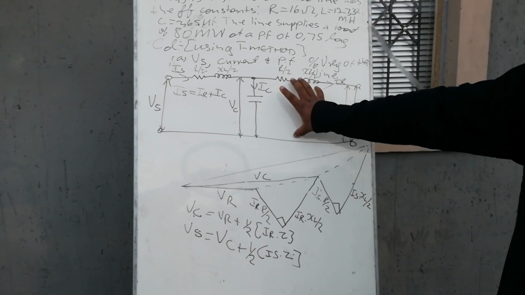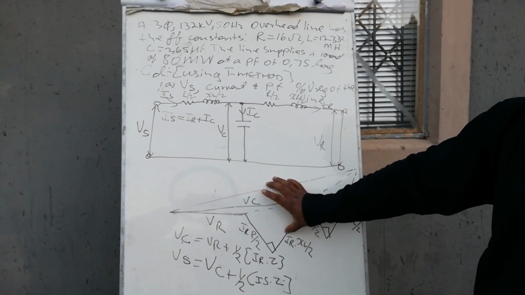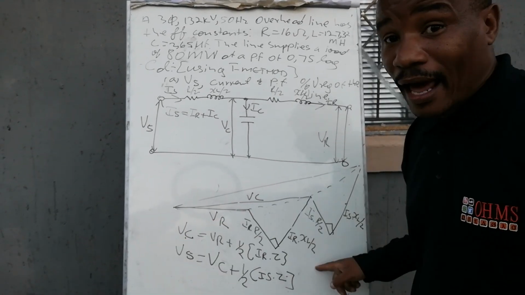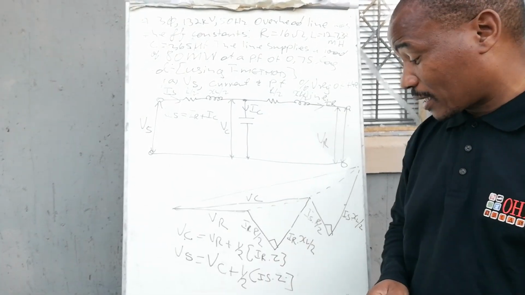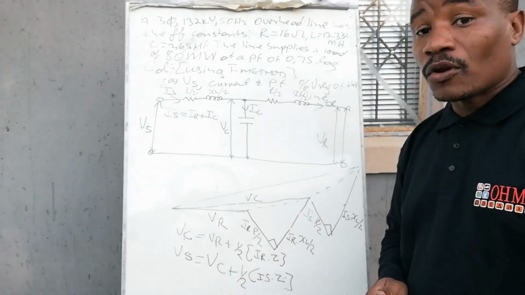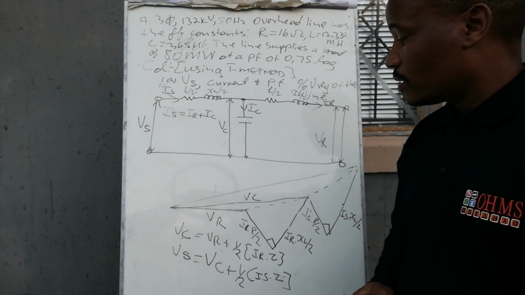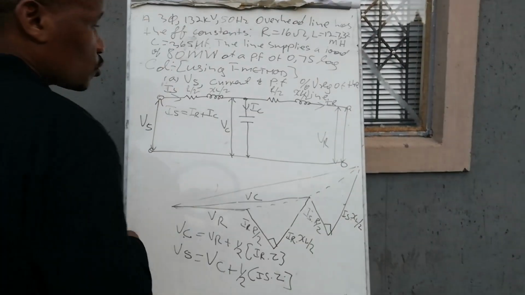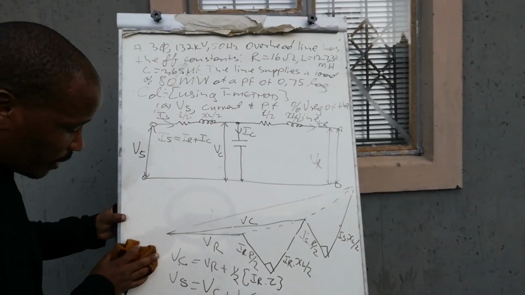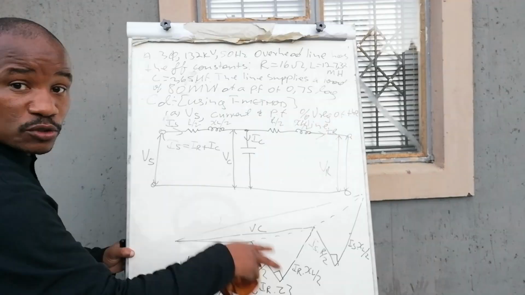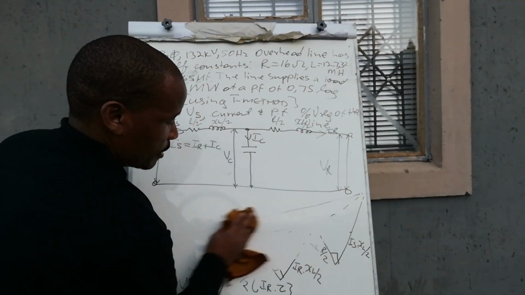If you know your sketch and your vector diagram, you should be able to derive these formulas, not to cram them. Let's march on. I will have to erase, guys. But now you see what's going on here.